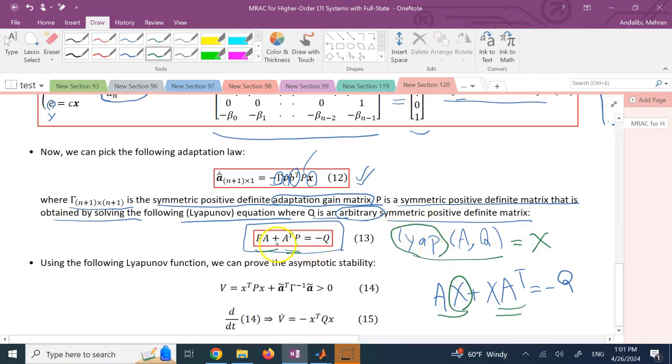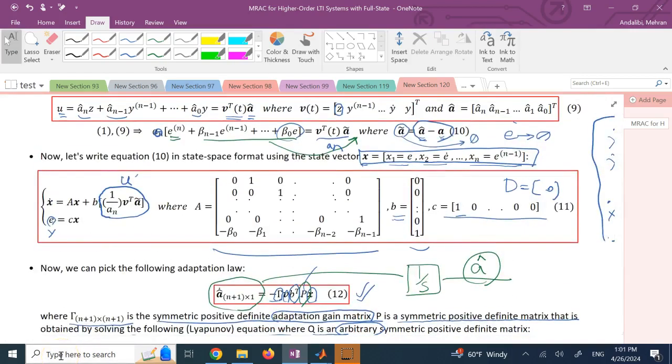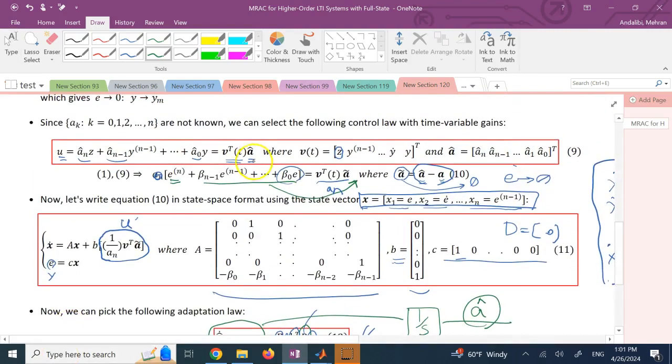But once you solve for it, you go with this arbitrary Q and you have A and you find P, you plug P into this equation 12, and that gives you the time derivative of these parameters, which if you integrate in Simulink with a 1 over s block, the answer is going to be A hat. And once you have A hat, you plug it into your control law.